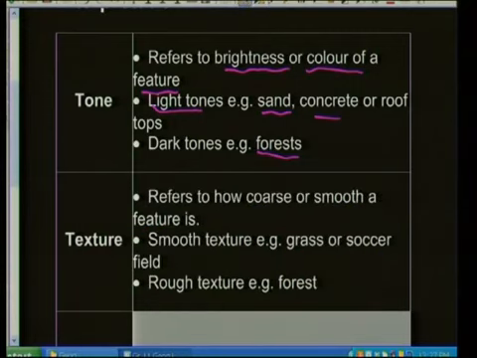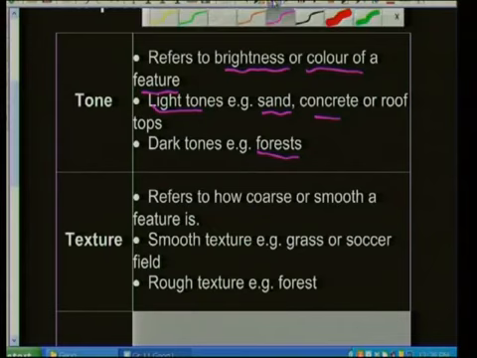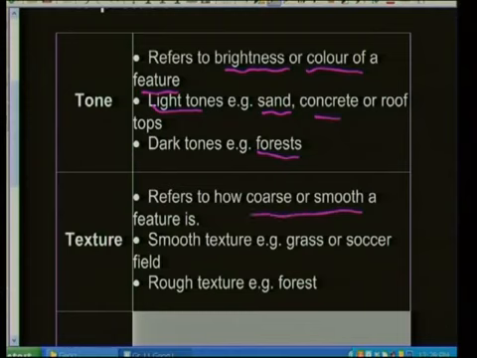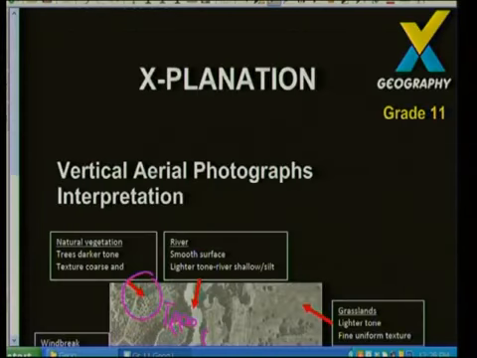Texture refers to how coarse or how smooth a feature is. Smooth texture would be your grass and soccer field. Rough texture would be your forest. Let's go back to the other one again.